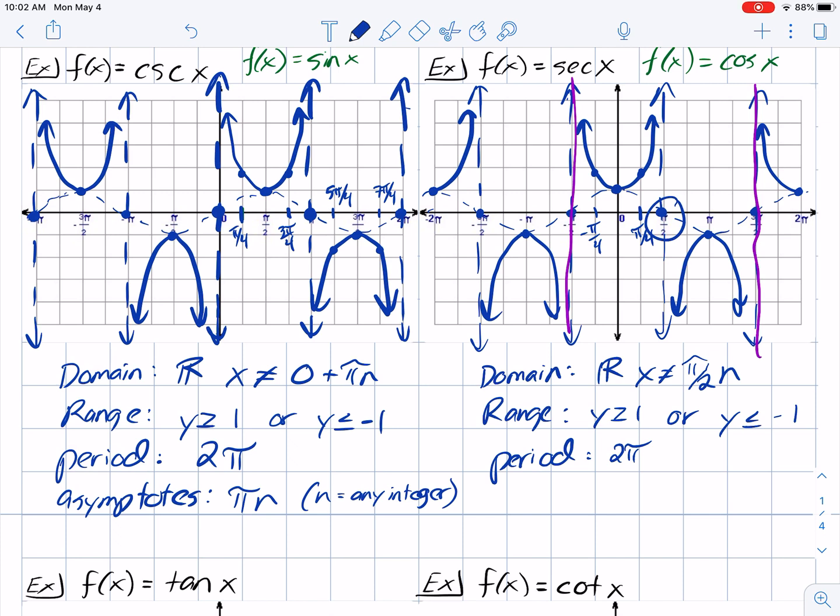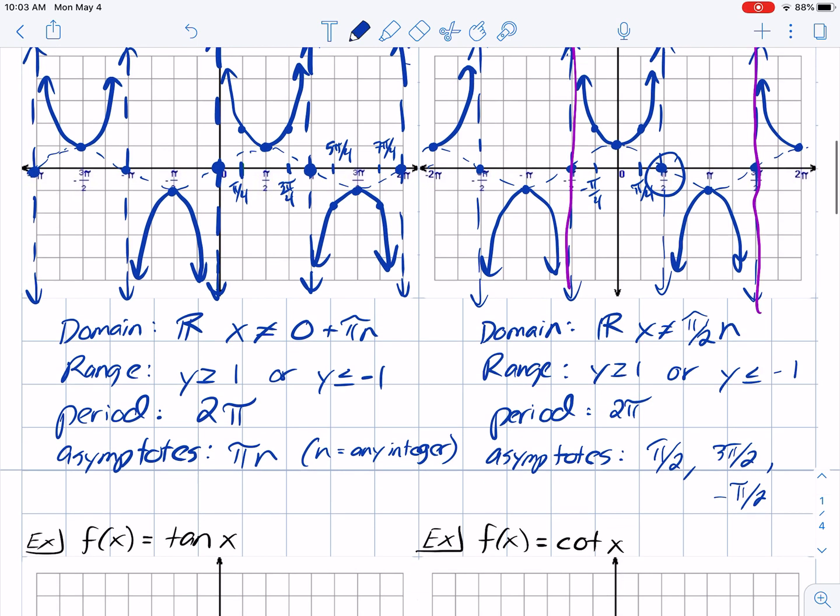Okay? So x cannot equal pi over 2n, and then for your asymptotes, we would just list them all out. Pi over 2, 3 pi over 2, negative pi over 2, and so on and so forth. Okay?